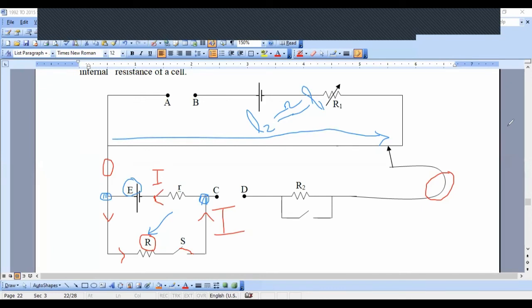Then the difference between L1 and L2 will be smaller. Full stop. Then there will be a larger fractional error.